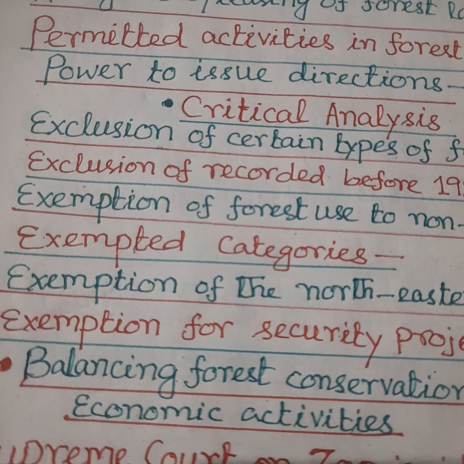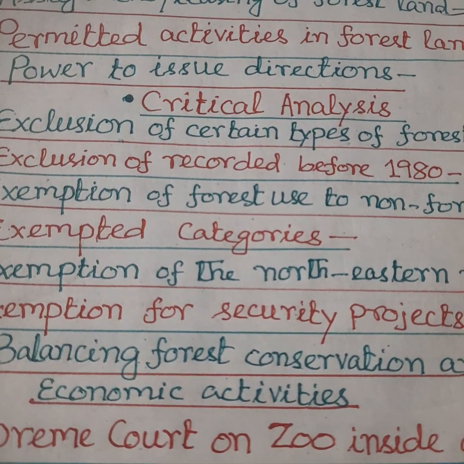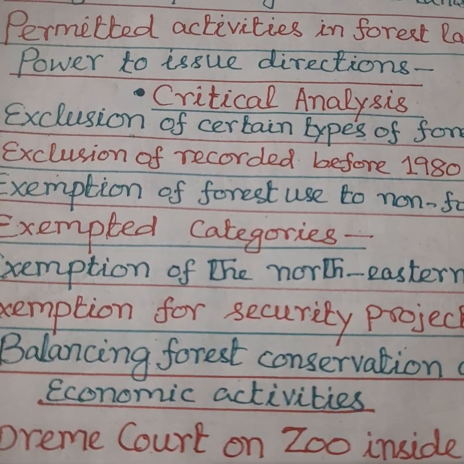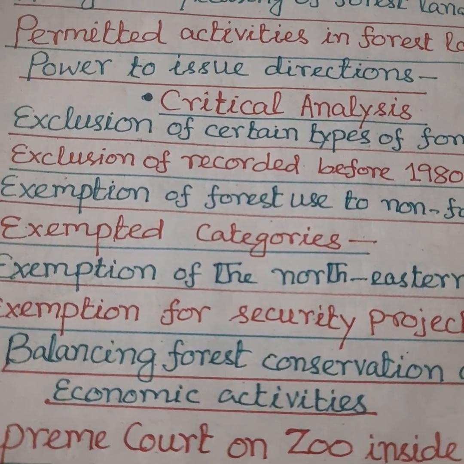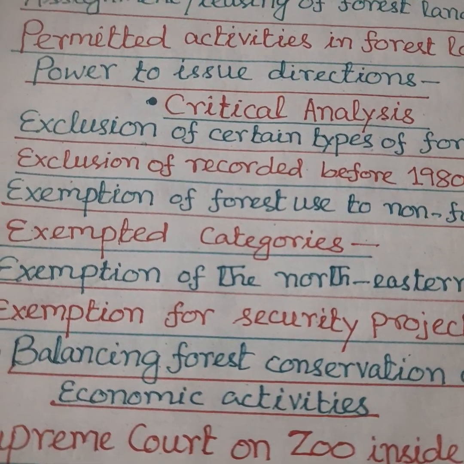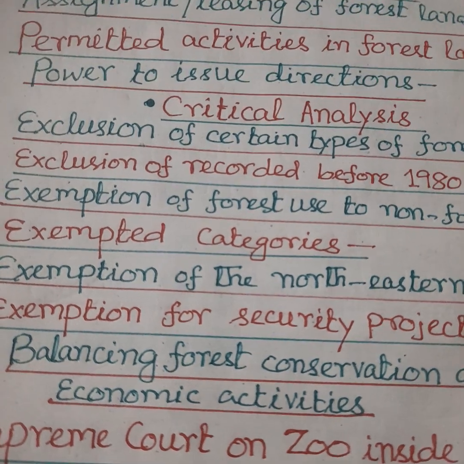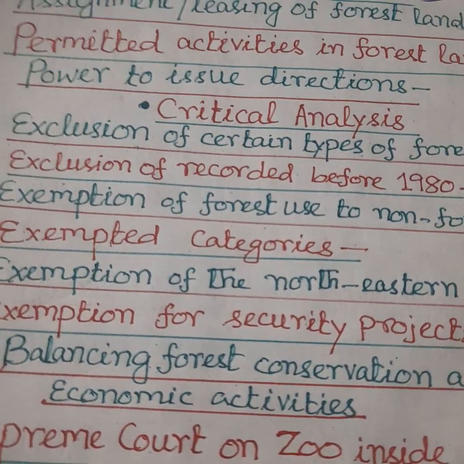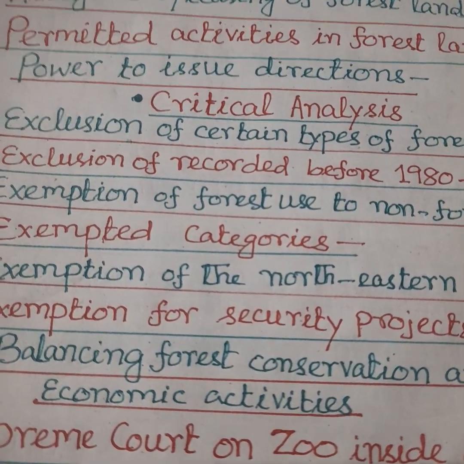the Act. The Act of 2023 exempts zoos from requiring prior approval under the 1980 Forest Conservation Act. The purpose of allowing a zoo inside a forest is not clear. The Supreme Court in 2023 itself remarked that it does not appreciate the necessity of having a zoo inside a tiger reserve or national park.